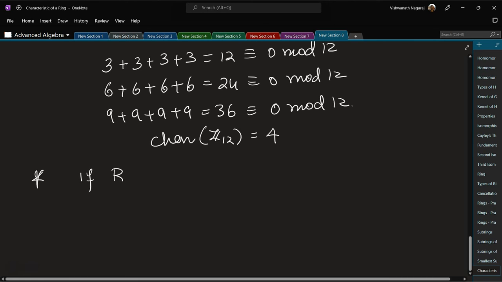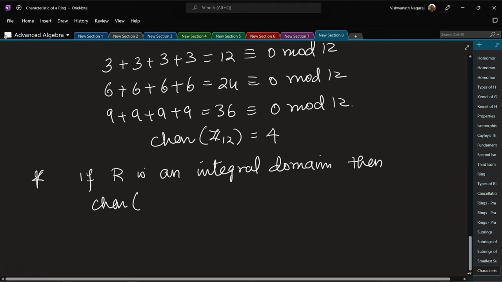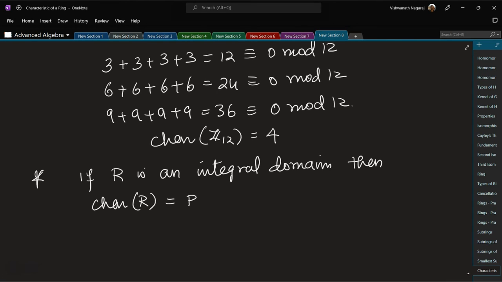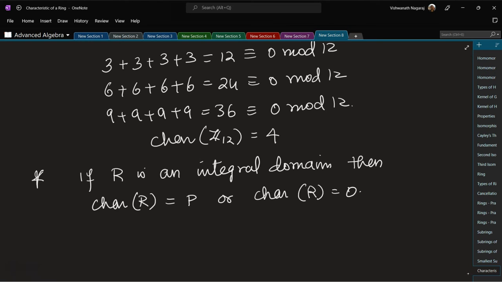If R is an integral domain, we will look at this integral domain later on, but this is very interesting, that's why I'm including it here. Then the characteristic of the ring R is a prime number, or the characteristic of R is equal to 0. So either it will be a prime number or it will be 0.